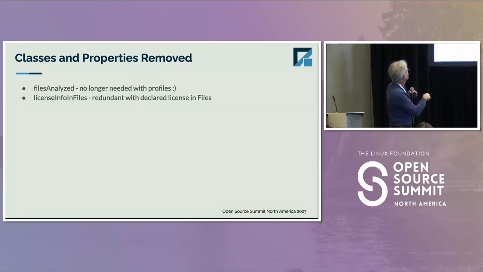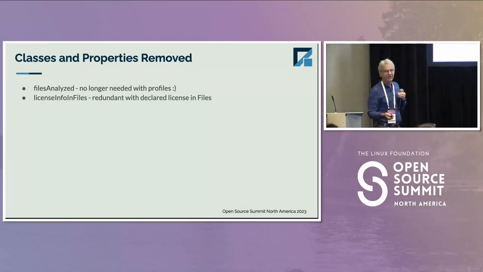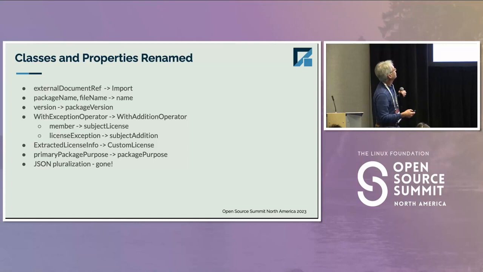The license info in files is removed right now, but there is an issue to bring that back. There is a proposal that this is redundant with declared files and is no longer needed. I think those are the main ones.